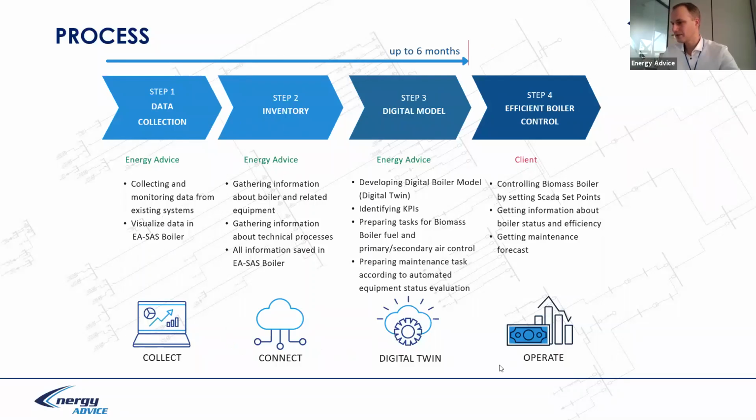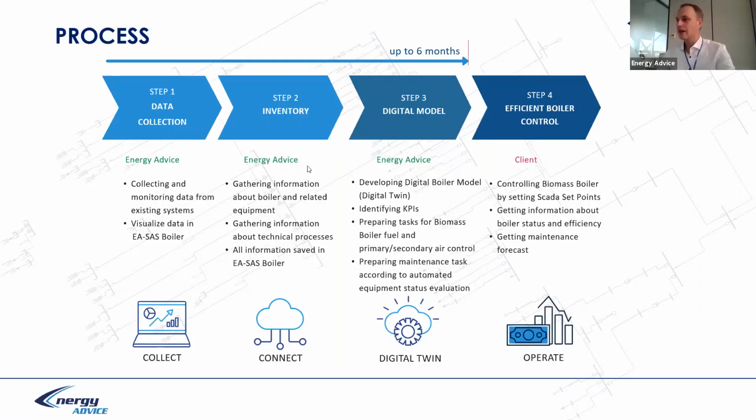You can do nothing more. You can buy just a collection and monitoring system. We just visualize it for you on the web. You access the data of a boiler through the web. It is just a monitoring system.